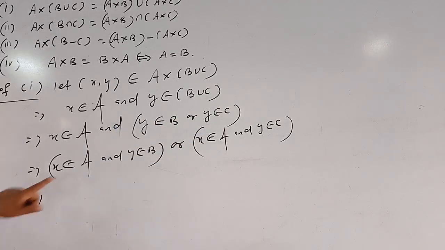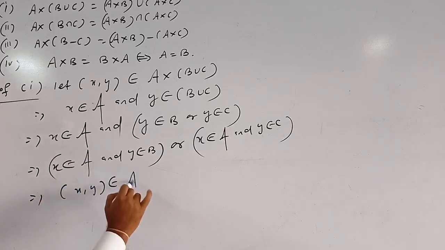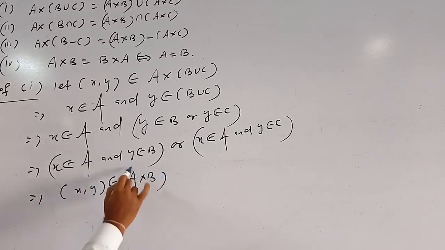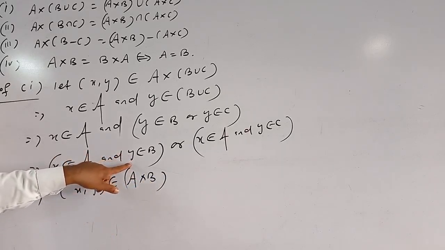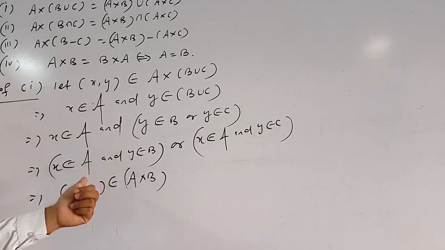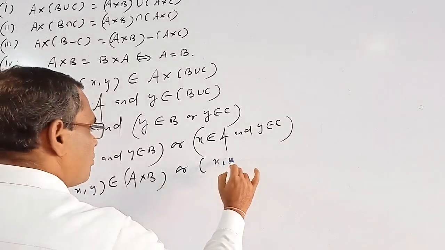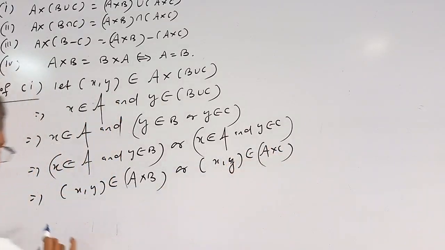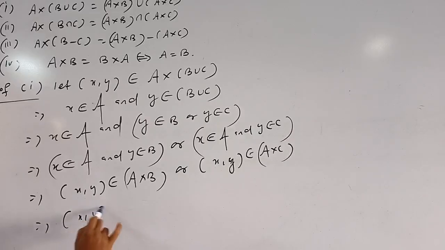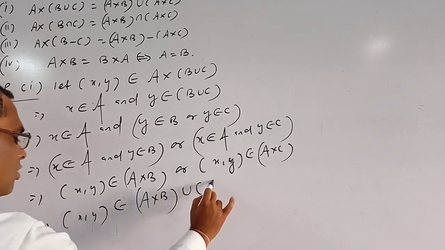That implies x belongs to A and y belongs to B means ordered pair (x, y) belongs to A cross B. Not A intersection, because here x belongs to A and y belongs to B; x and y are from two different sets. So ordered pair (x, y) belongs to A cross B, or ordered pair (x, y) belongs to A cross C. Okay, that implies ordered pair (x, y) belongs to (A cross B) union (A cross C).